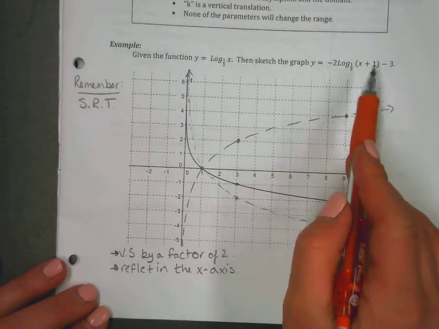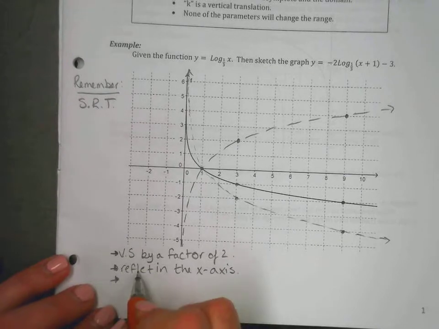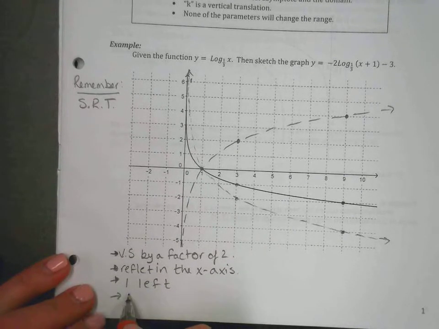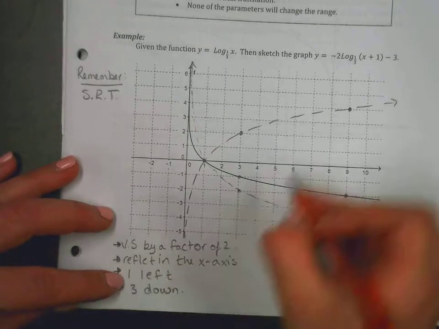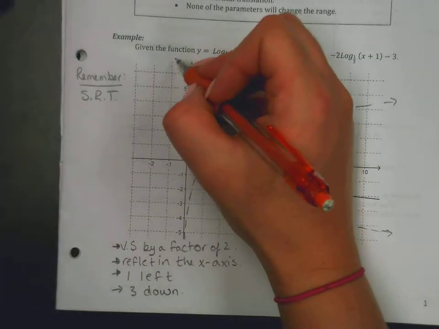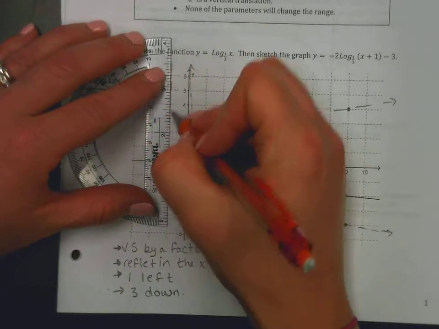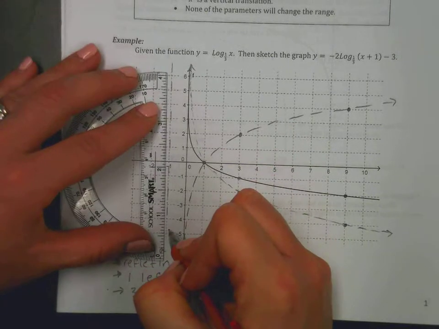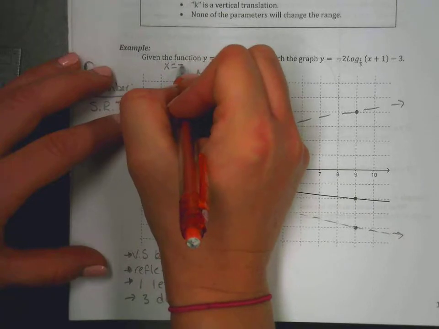And then I am now going to move this graph 1 left and 3 down. Because I'm moving this 1 left, this is now my new asymptote. I'm going to highlight that here. I'm approaching this line but never touching it. So my vertical asymptote occurs at x equals -1.